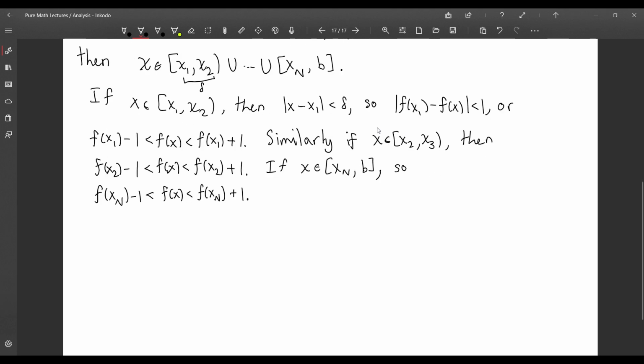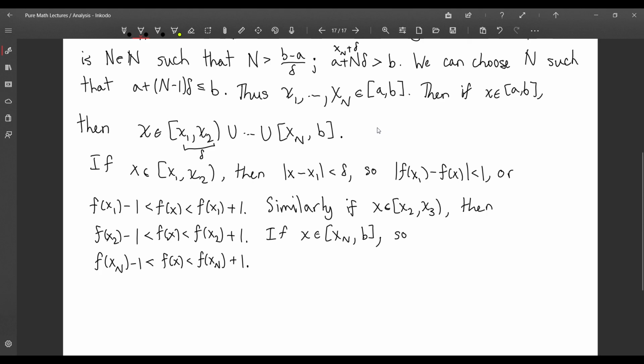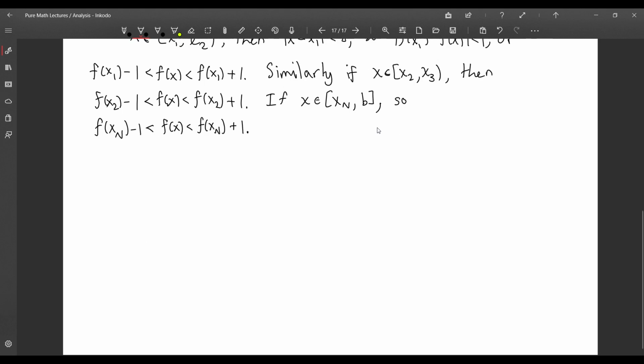Okay, so now what we have is that for any x in the interval a to b, there are n compound inequalities here, which means when you have a finite number of numbers with order, then we can pick a minimum or a maximum.